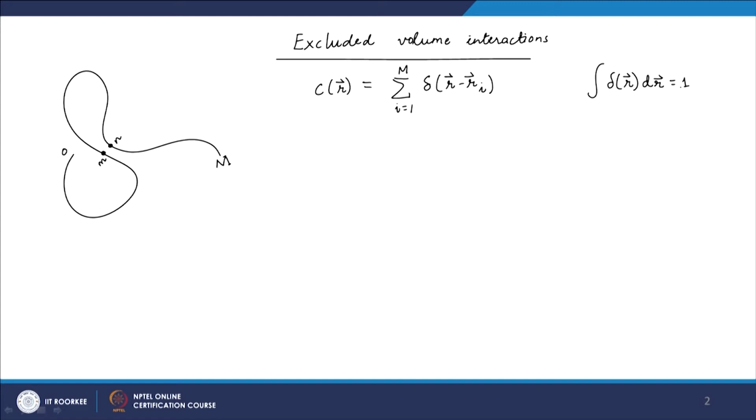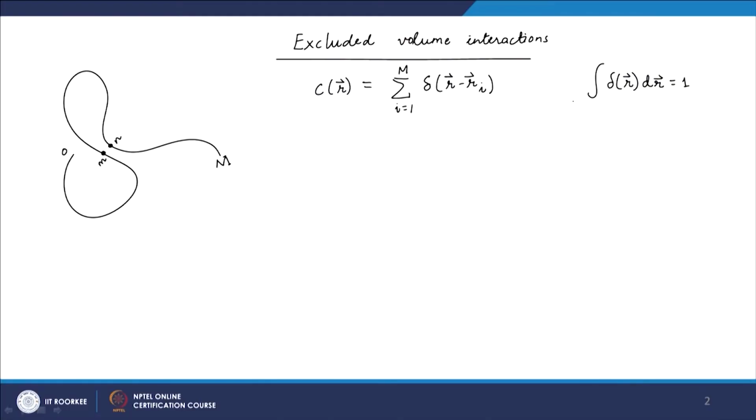Delta essentially means that it is equal to a finite number when R is equal to Ri and it is 0 otherwise, and formally it has to satisfy the condition of normalization. So, that essentially means that every time a particular segment i is at a position R, we add something of the order of 1 by V, and if I sum over all the segments, we get the numbers per unit volume, and that characterizes the concentration or the number density, as you want to call it.